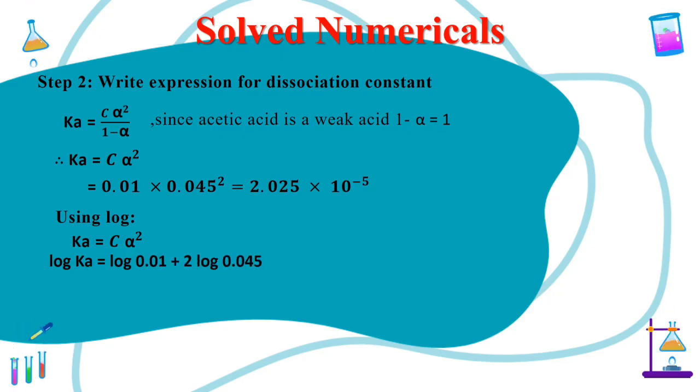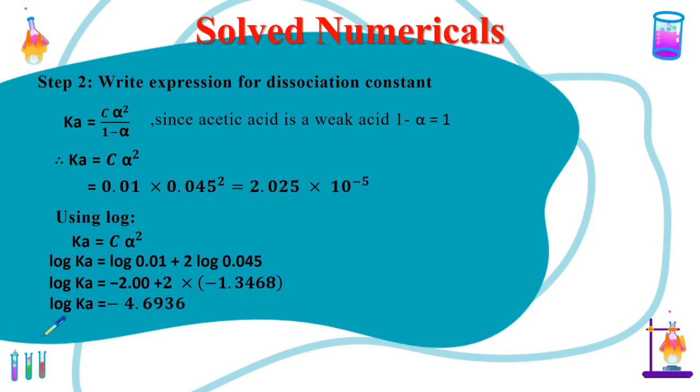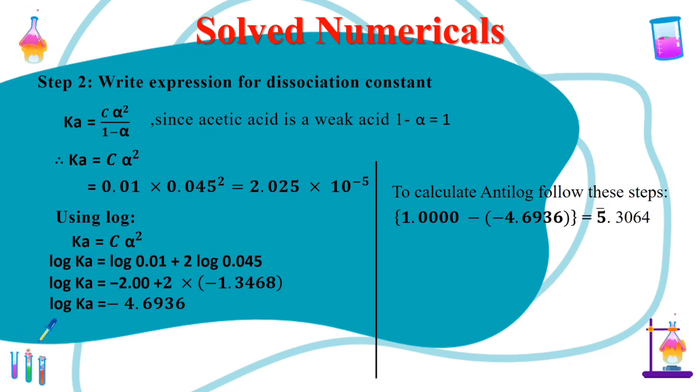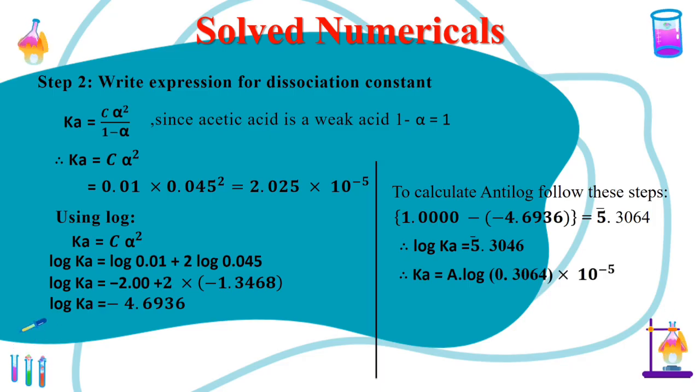The same value we can obtain using the logarithm equation. Please make a note that degree of dissociation and dissociation constant are unitless quantities, and always show log steps clearly to get full marks in numericals.